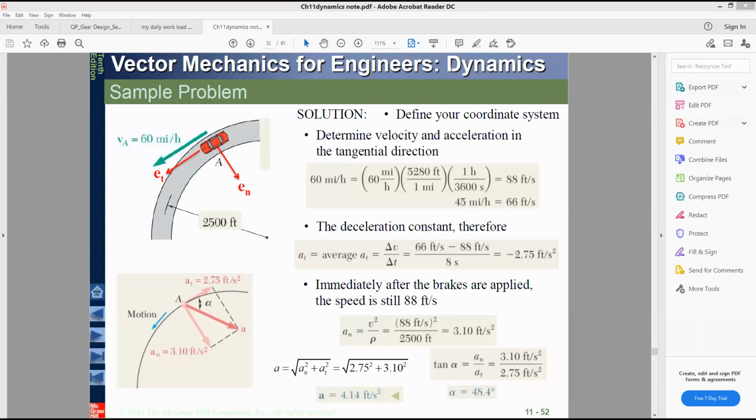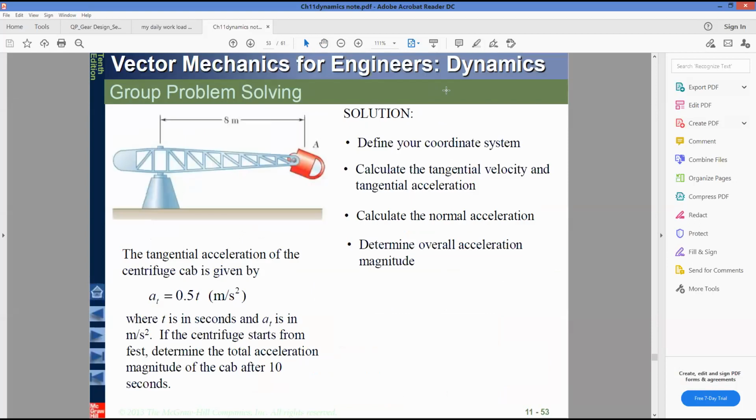See, up to this I think everything is okay. Now another problem. The tangential acceleration of a centrifuge cab is given as at, along the tangential direction, where t is in seconds and at is in meters per second squared.